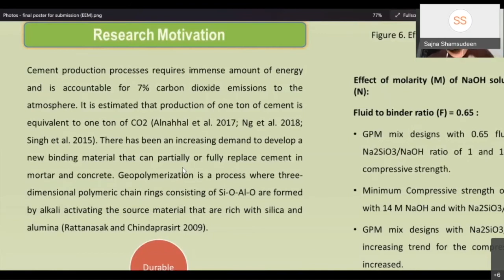It's estimated that producing 1 ton of cement is equal to 1 ton of carbon dioxide, which is a very huge number in terms of the environmental impact. And there has been an increasing demand to find an alternative, more eco-friendly construction material, and that's where alkali activated materials come into place.